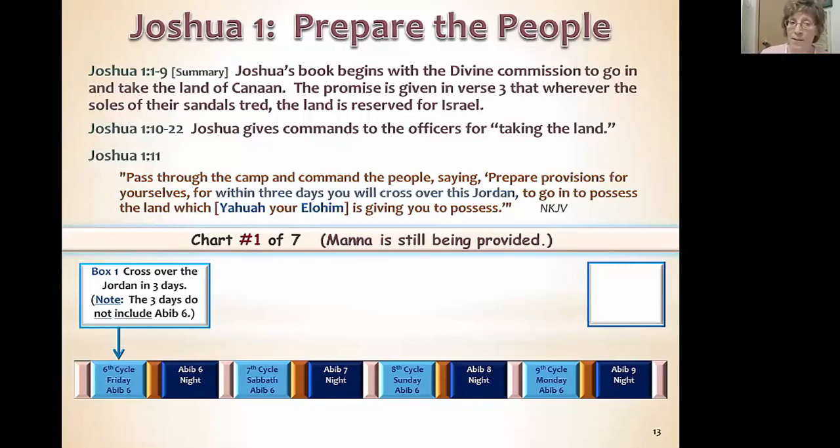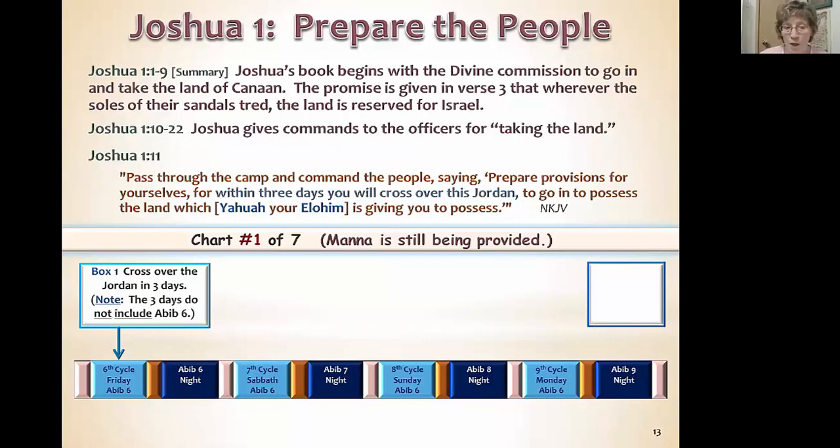And then in verses 10 to 22 of Joshua 1, you see that Joshua is giving commands to the officers for what they're going to do to take this land. But verse 11 is really important. He says, "Pass through the camp and command the people, saying, prepare provisions for yourselves, for within 3 days you will cross this Jordan to go in to possess the land, which Yahuwah your Elohim is giving you to possess."